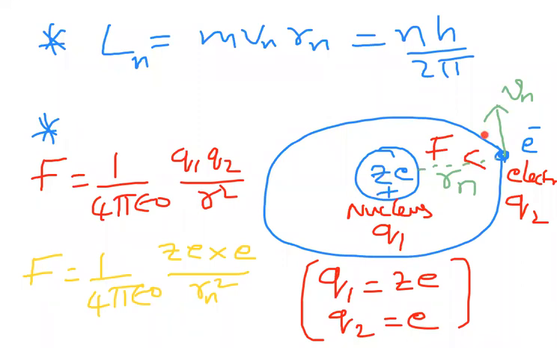When a charge moves in a circle, this force is also called the centripetal force. This electrostatic force we are also calling the centripetal force.